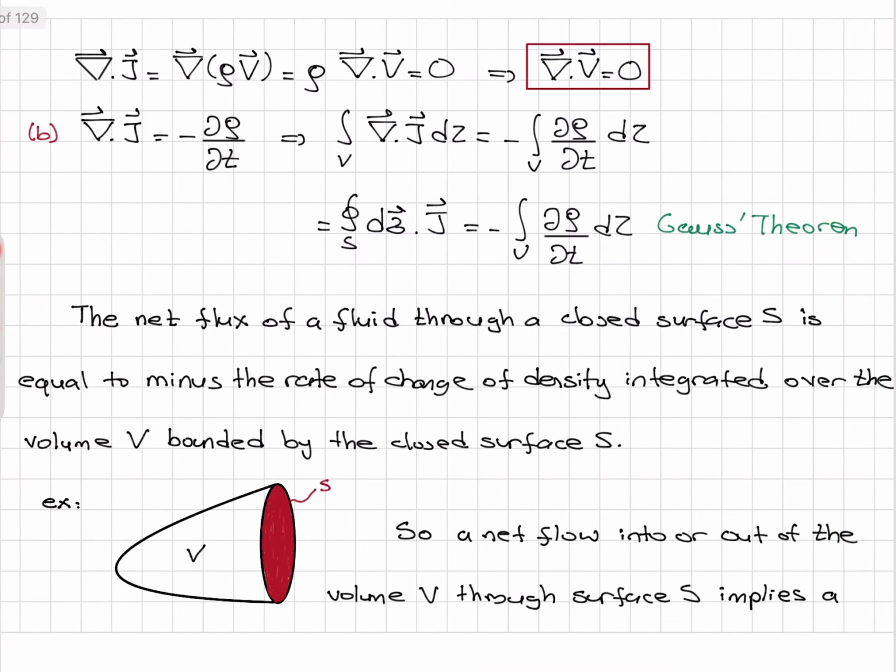So we must have a change of density in this volume so that we will get a net flow through this surface, into the surface or out of the surface, that is basically at the boundary of this volume V. So that's what it means.